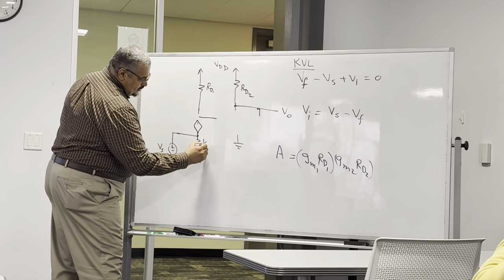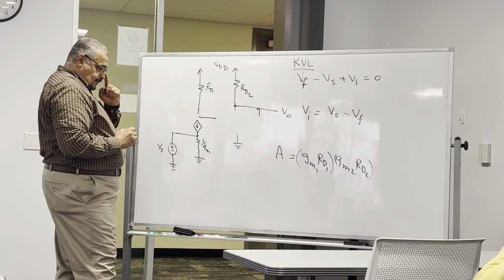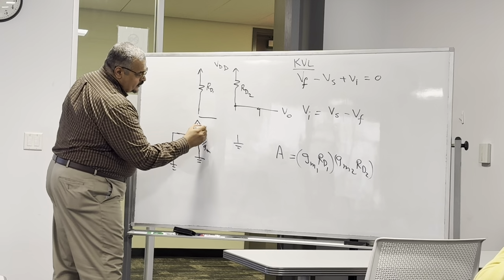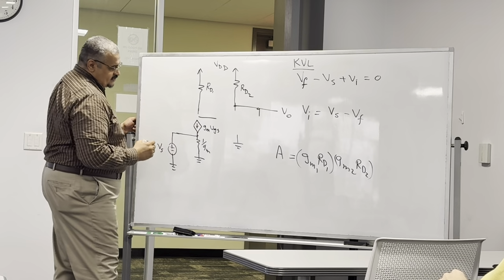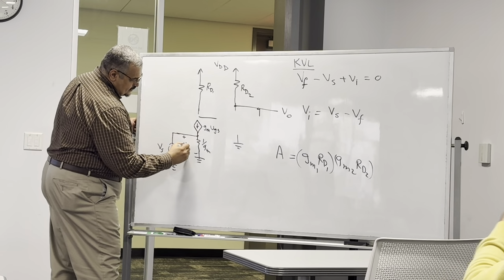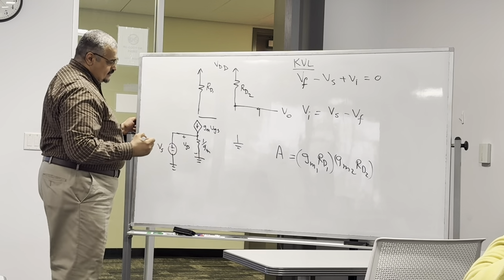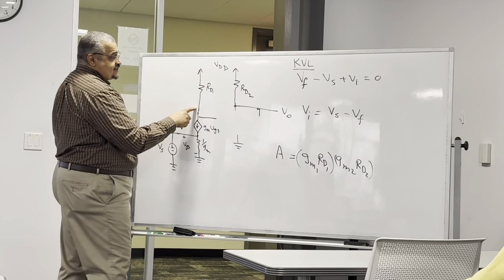This is 1 over gm. And this current is gm VGS. And where is VGS? This is VGS, which is Vi.